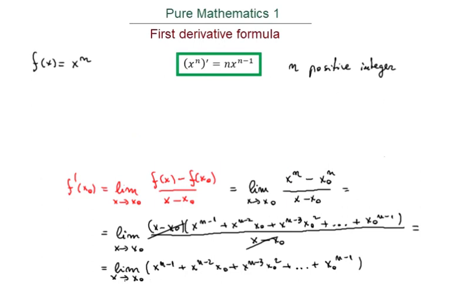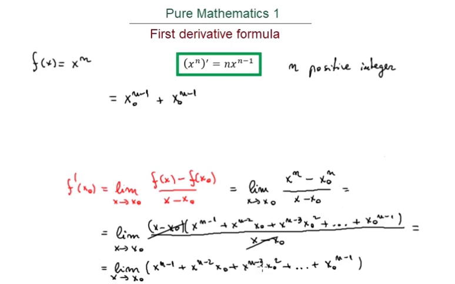So when applying the limit, x tends to x0, so then we will get x to the power of n minus 1 plus x to the power of n minus 2 times x0. X will be x0, so x0 to the power of n minus 2 times x0 will be x0 to the power of n minus 1.